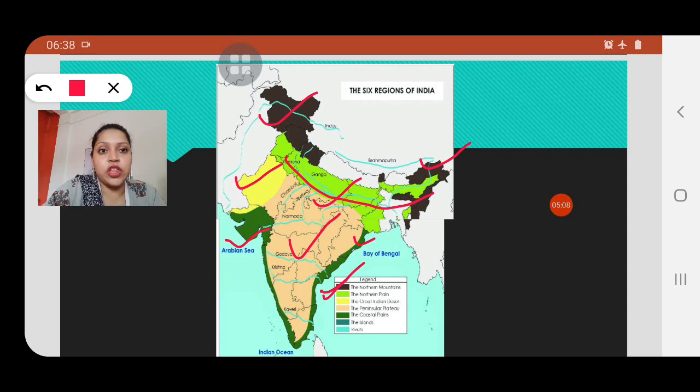Then the bluish color, children, is given here for rivers. You can find blue lines on the whole map of India, and these are the rivers. So these are the 6 regions of India, and they are the physical features of India.